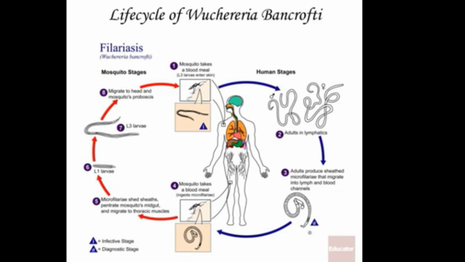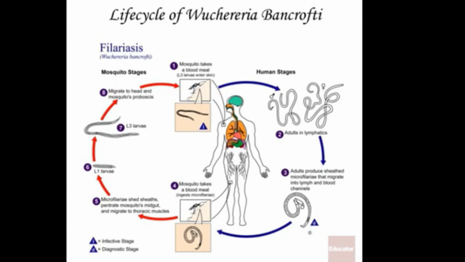And then these organisms migrate through the blood supply to the lymphatics, where they grow up to be adults. And then these adults produce these microfilariae, and a mosquito takes a bite from this infected individual. And then the rest of the life cycle really is spent in the mosquito, these intermediate stages.